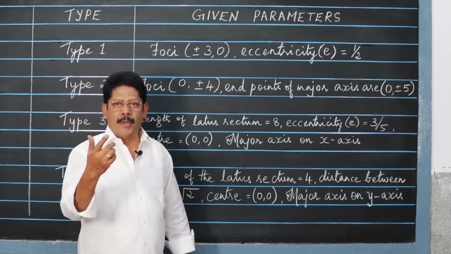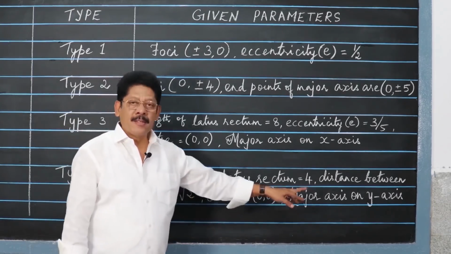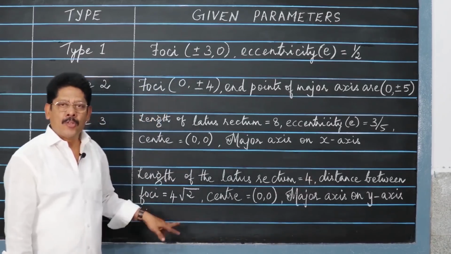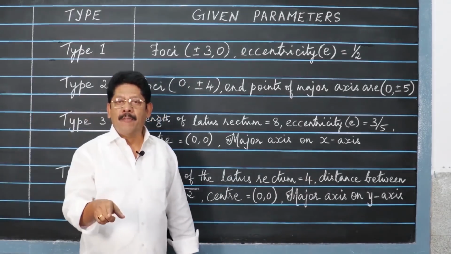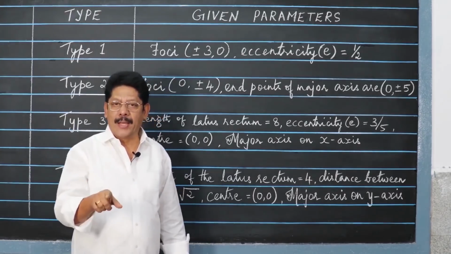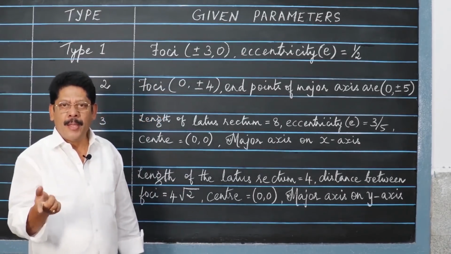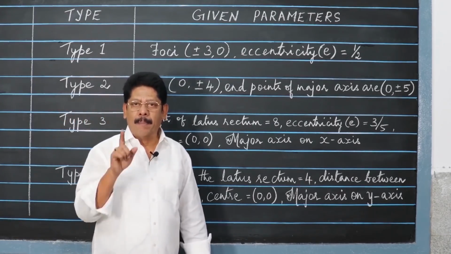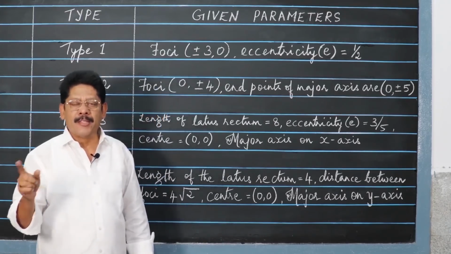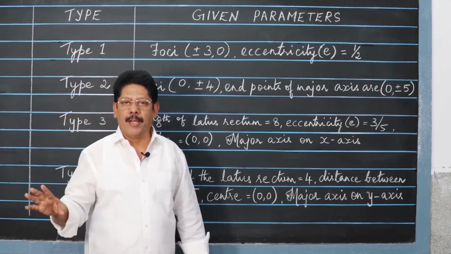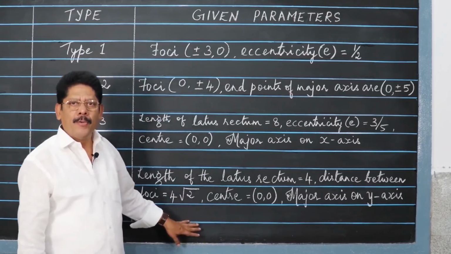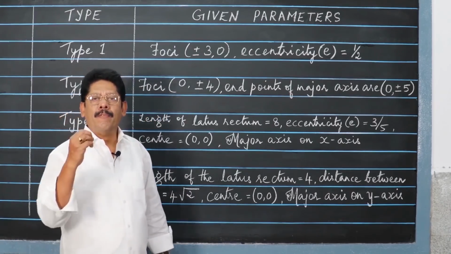Therefore, h comma k will be equal to 0. Major axis along y-axis. So, the equation of the ellipse with its major axis along y-axis will be of the form x minus h the whole squared by b squared plus y minus k the whole squared by a squared equal to 1. Now, you can solve this problem very easily.